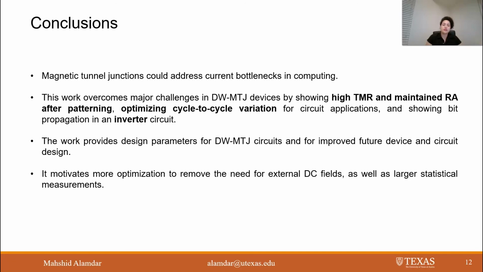The work provides design parameters for improved future domain wall MTJ devices and circuits, and it also motivates film growth and device optimization to remove the need for external DC fields, as well as larger statistical measurements of the cycle-to-cycle and device-to-device variability.